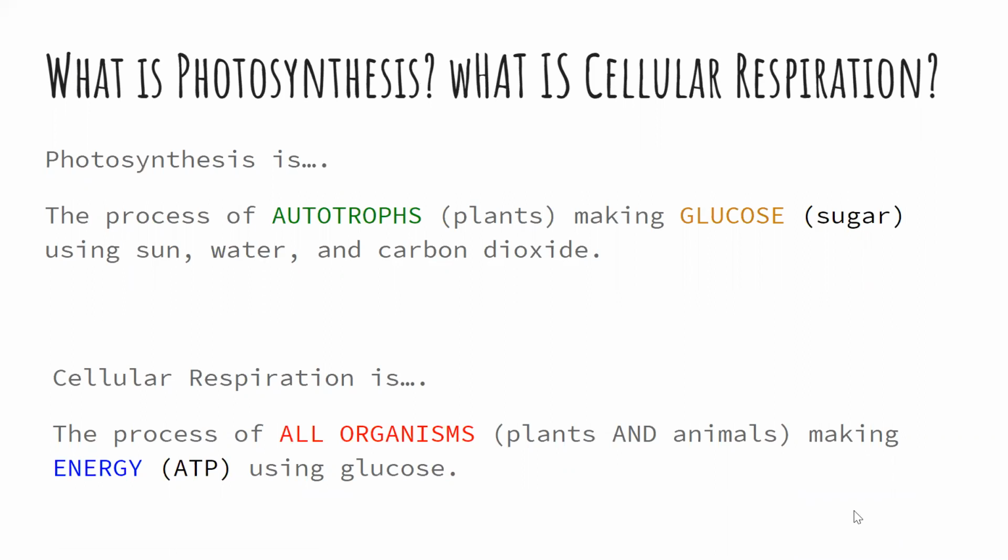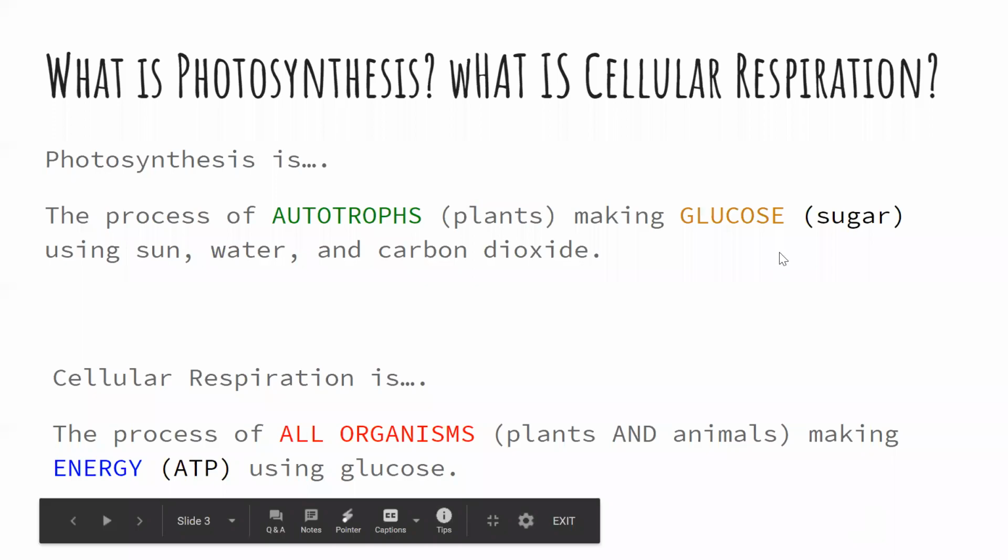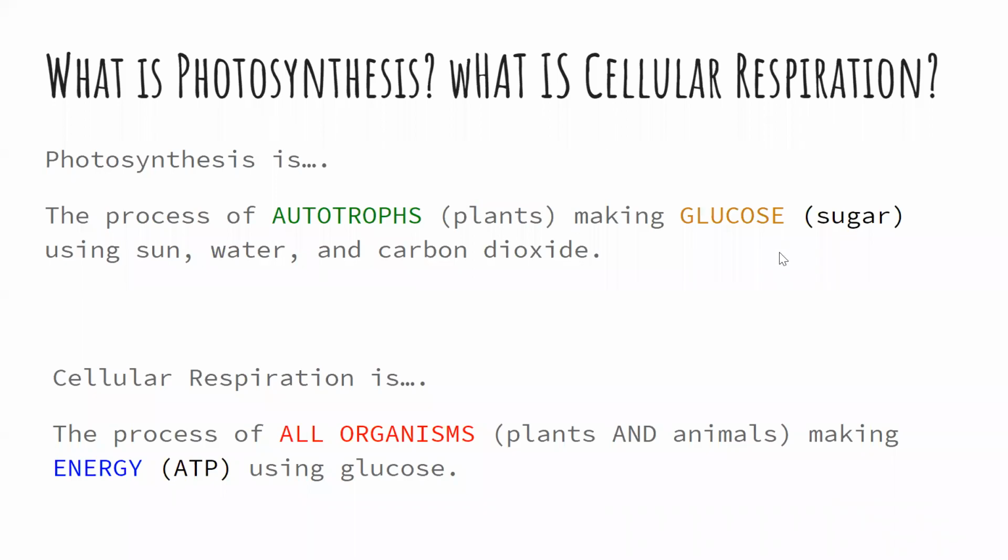Cellular respiration, on the other hand, is the process of all organisms, plants and animals, making energy using glucose, breaking down that glucose to make energy, or ATP, our high energy molecule. So after plants make that sugar, they have a process to break down that sugar. Pretty cool.